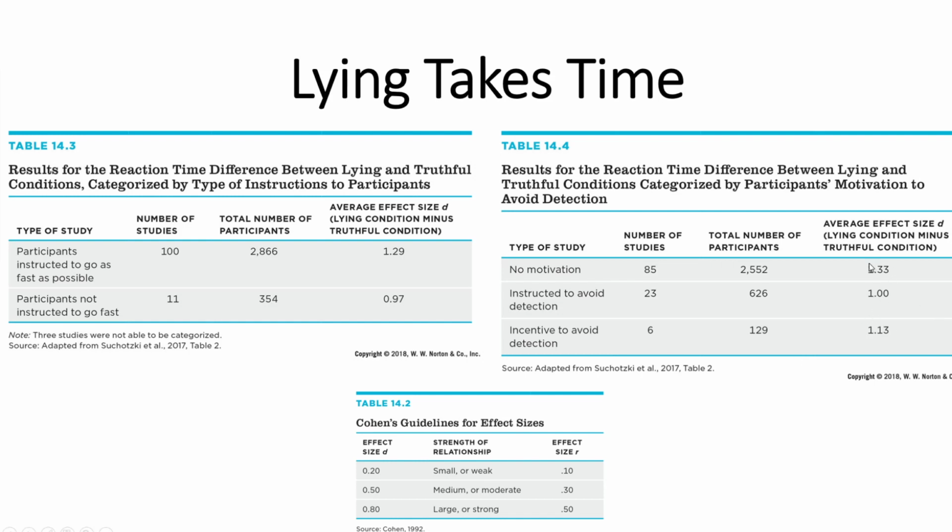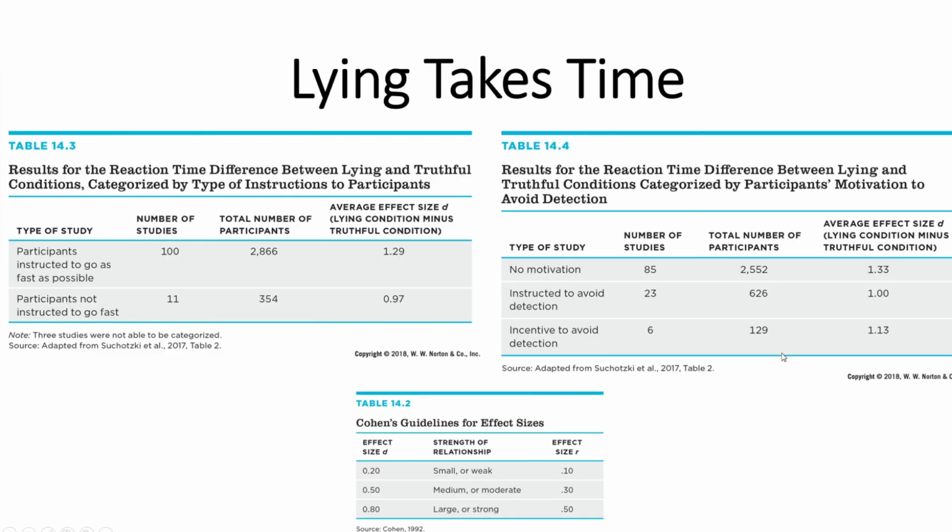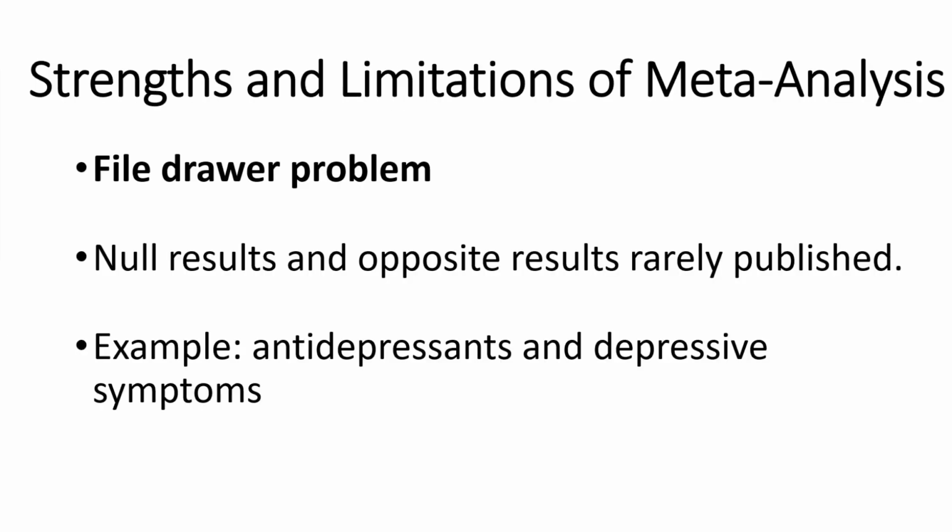These numbers are still smaller than when there was no motivation to lie. And the reason why that matters is because when people are being careful not to lie, the difference between a lie and the truth is closer. So when they are motivated, there's less of a difference to observe. I don't think I made that clear when I first said it.